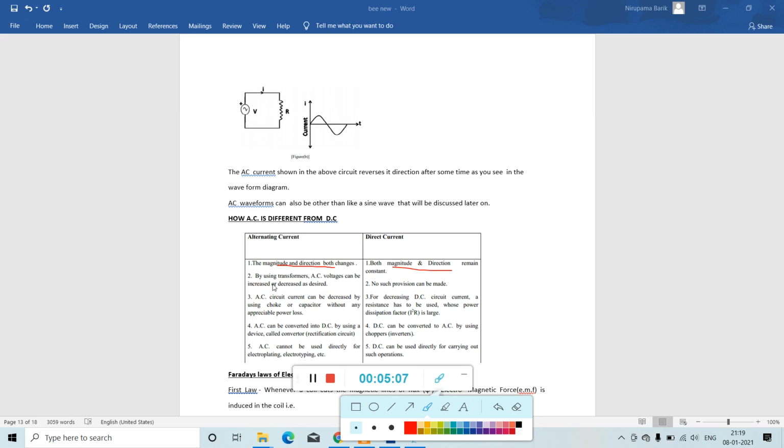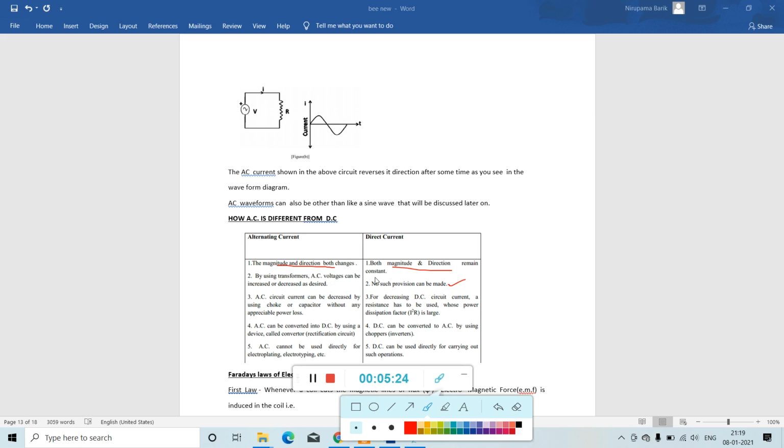This part is something new for you. So just remember for now that with a transformer, AC voltage can be increased or decreased, but no such provision can be made in the case of DC.